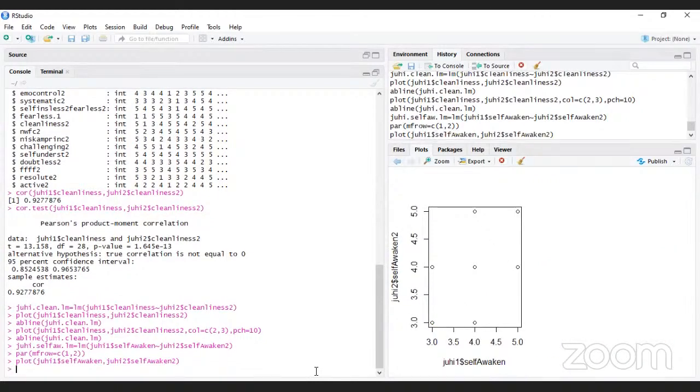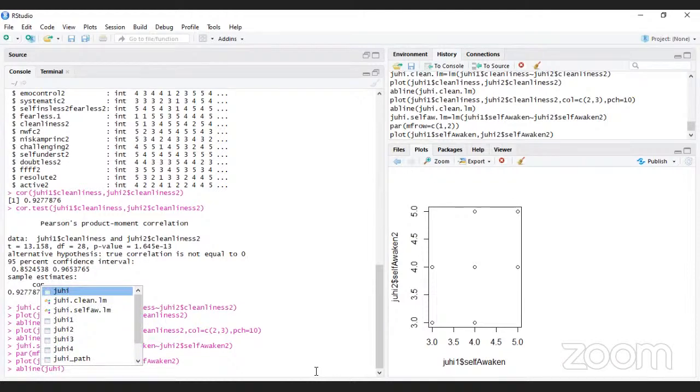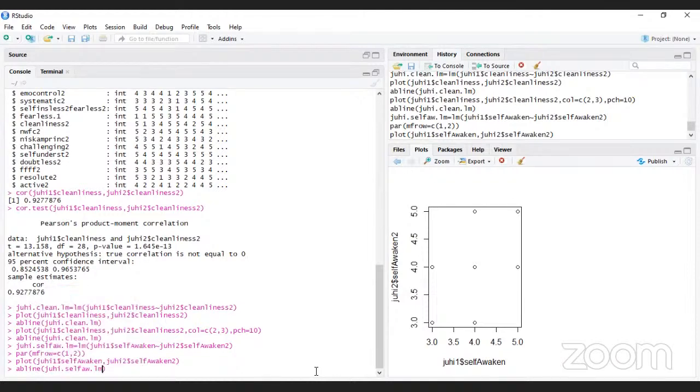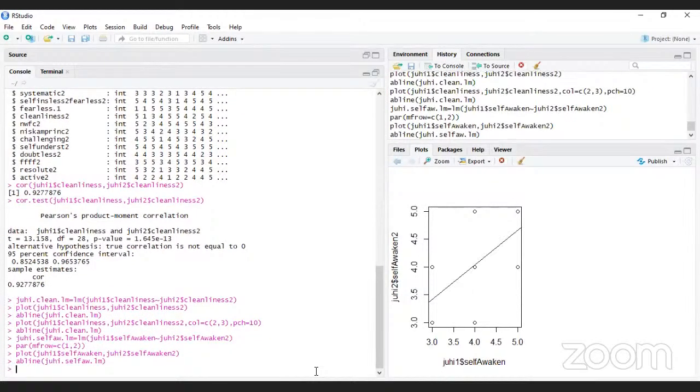So that is the plot. Okay. Now I can write abline, bracket, Juhi, okay.